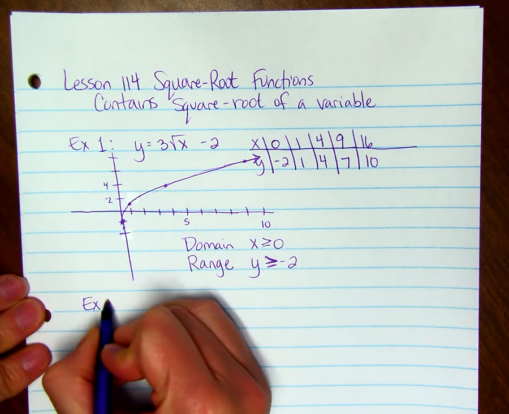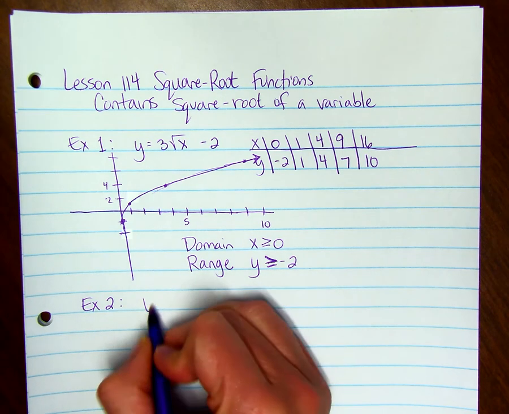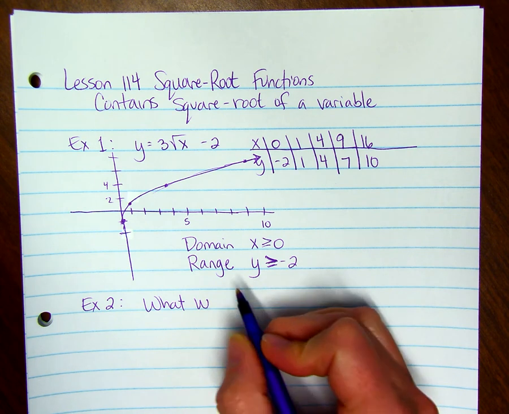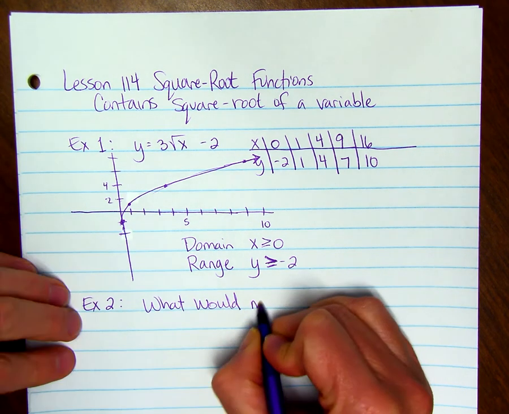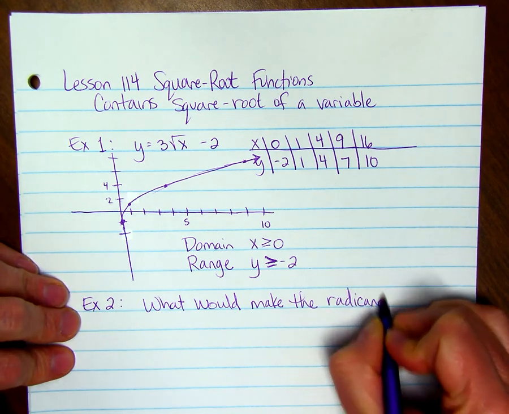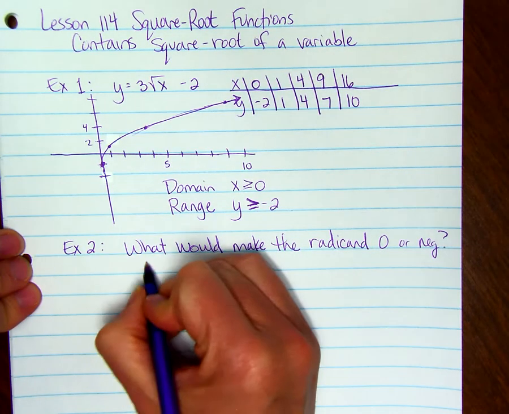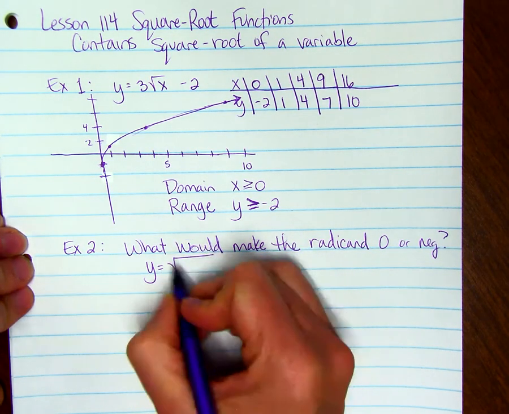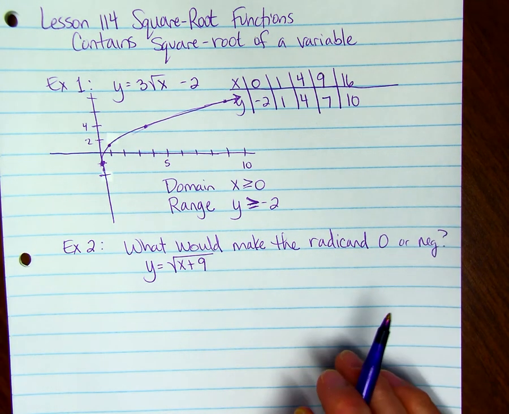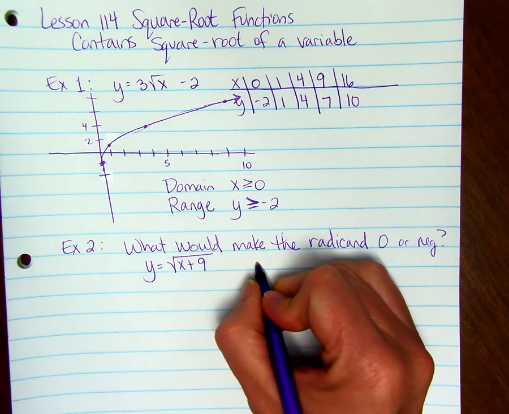So here's example 2. If you're given a square root function, what would make the radicand 0 or negative? So here we have y equals the square root of x plus 9. We want to know what would make this equal to 0 or negative.